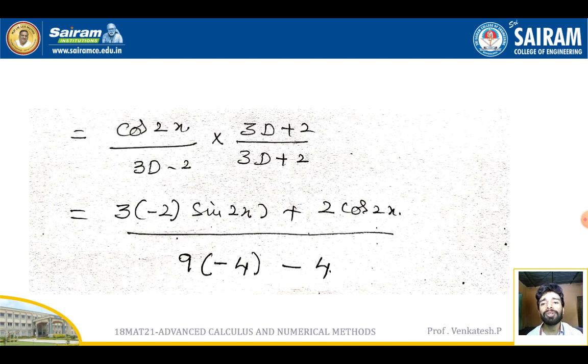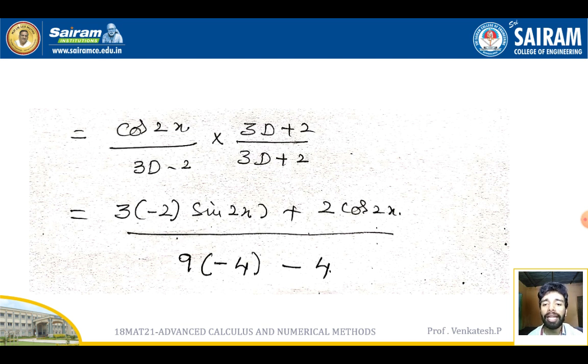We can observe that d is nothing but d by dx. So d by dx of cos 2x, differentiating the cos 2x function, I will get minus 2 into sin 2x. Already 3 is there here. So I got the equation like 3 into minus 2 sin 2x plus 2 into cos 2x, keeping it as it is. According to type 2 I am replacing d square by minus 2 square, that is minus 4.